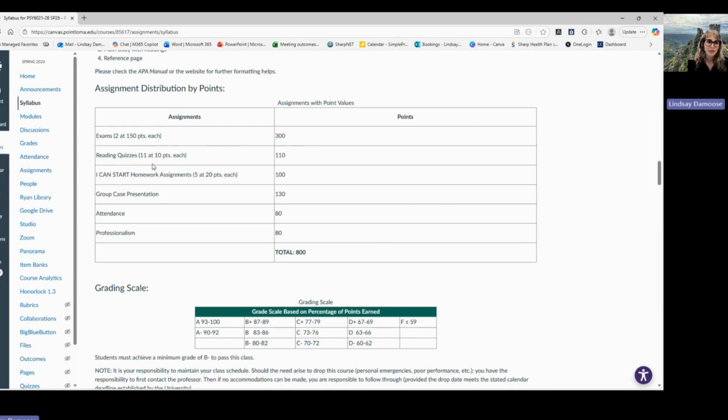You have 5 different opportunities to apply what we've talked about in a very specific format called the I Can Start format that's introduced to you through the Treating Those with Mental Disorders textbook, which I more commonly refer to as the KRESS textbook.